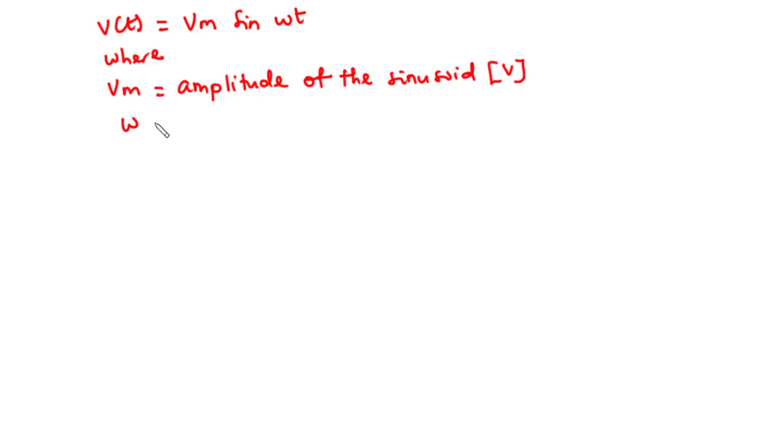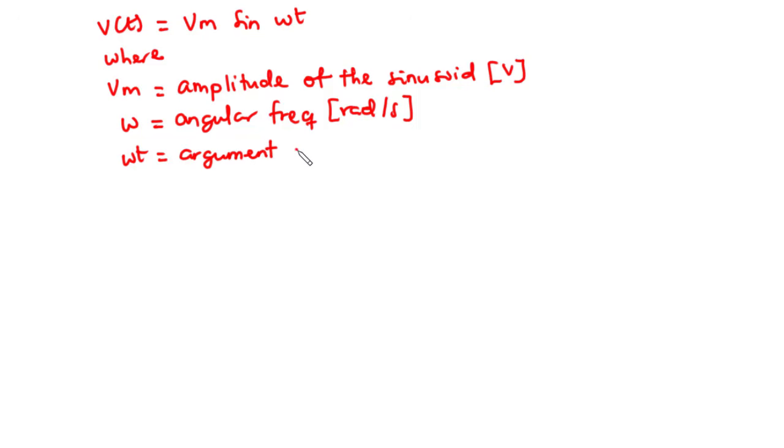We have omega, that is called the angular frequency, and that is also in radians per second. And then we also have omega t, that is called the argument of the sinusoid, or basically the angle. So that is the argument of the sinusoid.